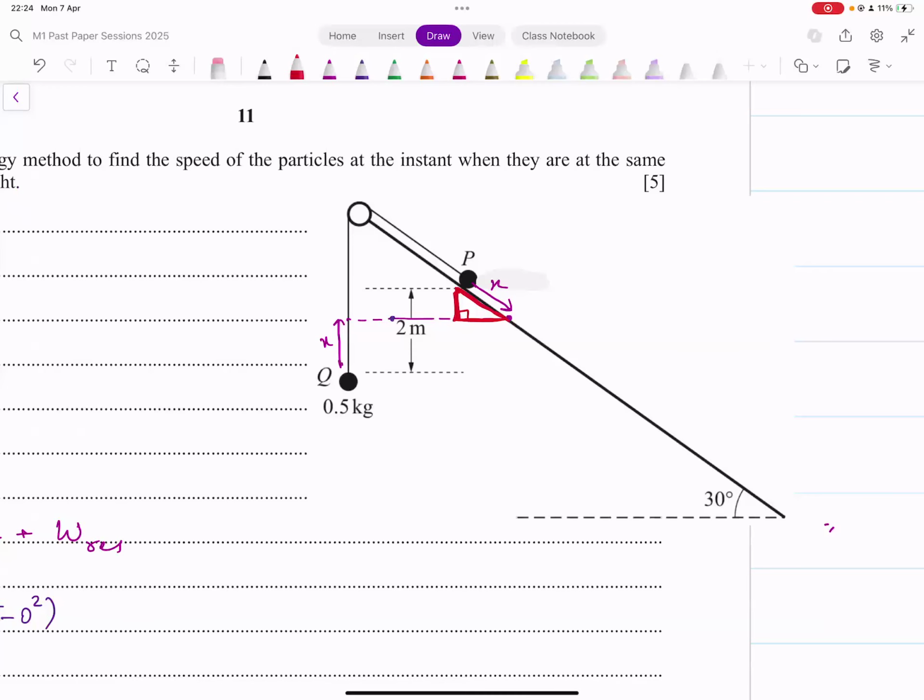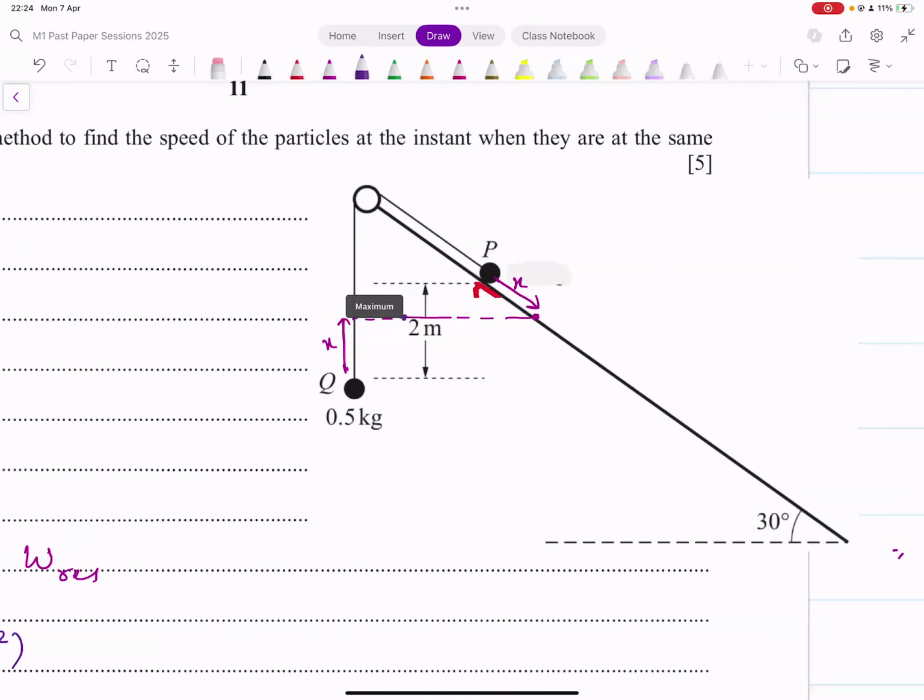In this right angle triangle, the hypotenuse is X, right? What else? We know the angle. Corresponding angles, this angle is 30 degrees, right?